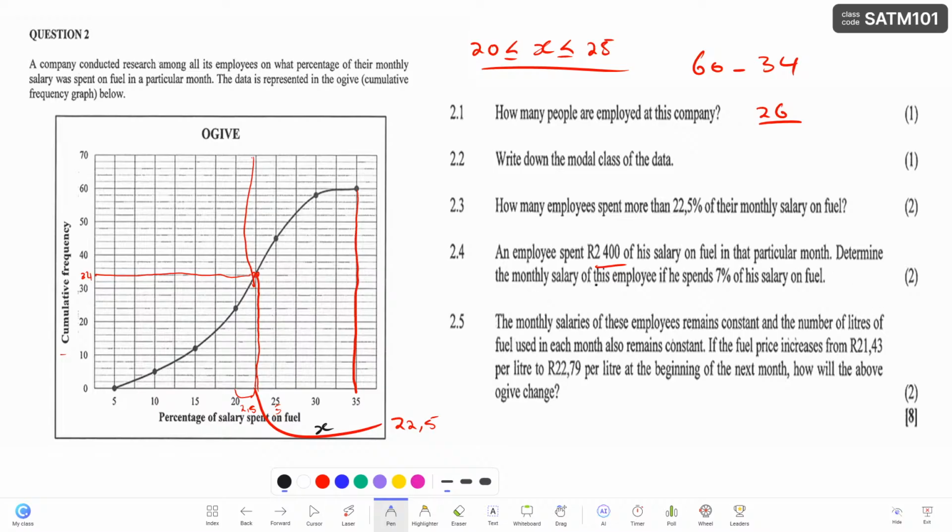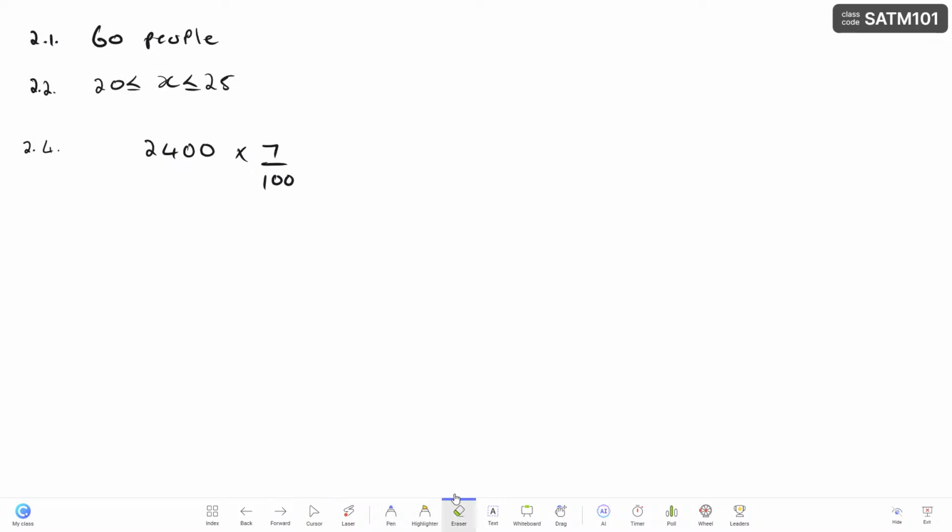Determine the monthly salary of this employee if he spends 7% of his salary on fuel. In this question, we are looking for the salary of this person, not the 7% spent on fuel. So in order to do this question, we need to flip this one.